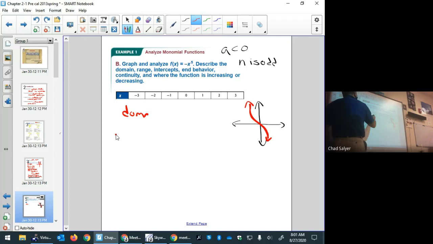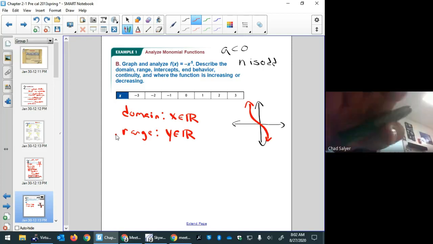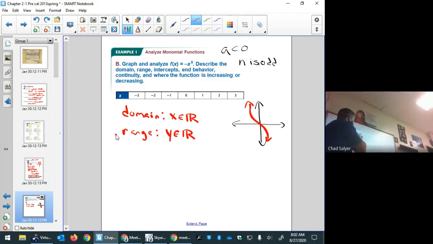The domain, again, as is the case with all polynomials, including monomials, is all real numbers. The range, in this case, also all real numbers. Do you see why? Compared to the last problem? That's a very important distinction to be able to make. To look at that last graph and understand the graph had a constrained range, but this graph has all real numbers as its range. Intercepts, once again, it includes the origin. So both of those are going to occur at the origin.